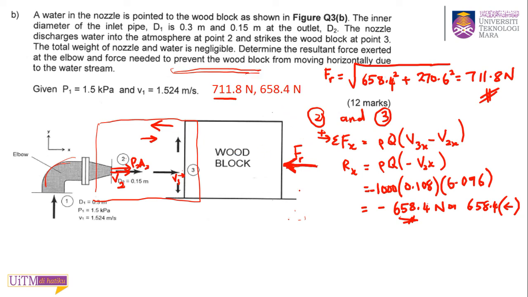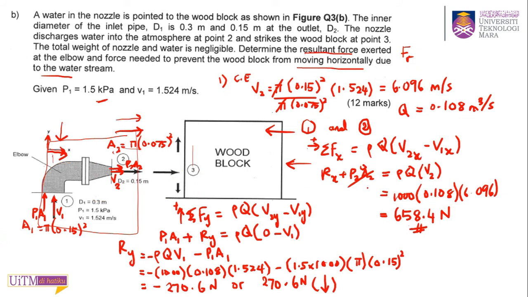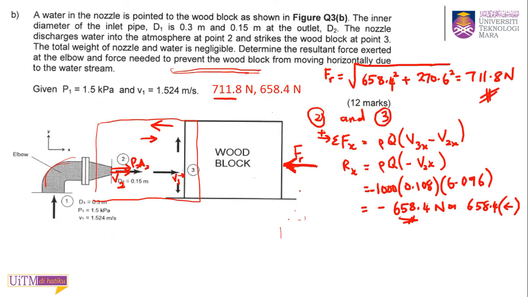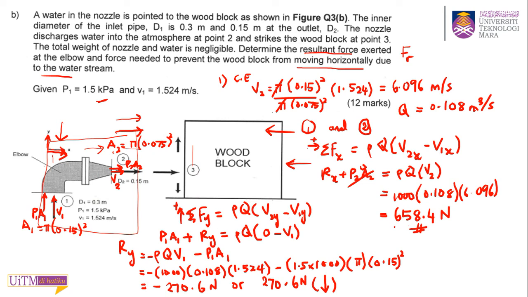But you cannot just show from here. This one you calculated to get this one. So you just need to write again the Fx to prevent this moving equals 658.4, equal to this. Understand? Okay, understood.